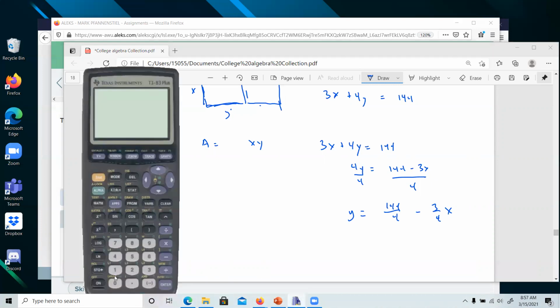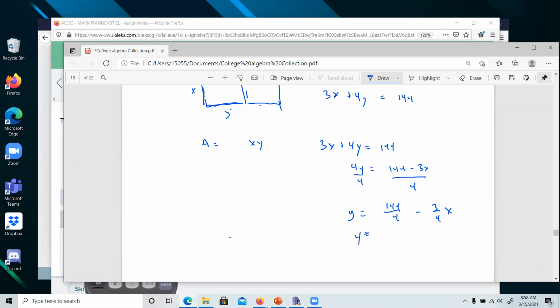It's going to be like 9 or something. No, it's going to be 18. 144 divided by 4. 36. All right, off by a factor of 2. y is equal to 36, I'm sorry, minus 3/4 x. Right? If you wanted to change that to a decimal, then that's fine.